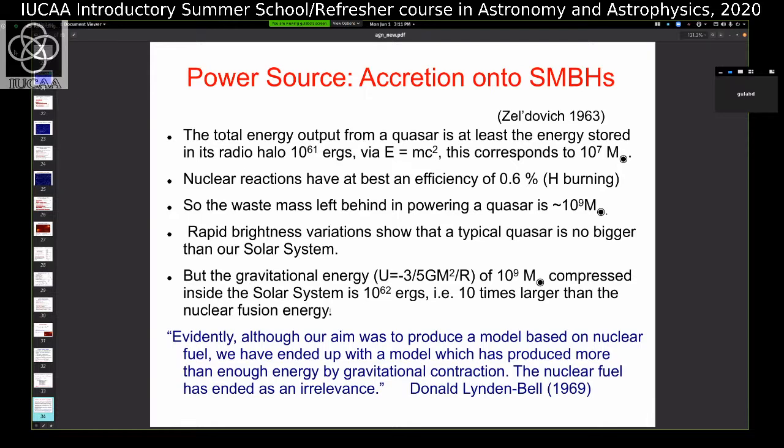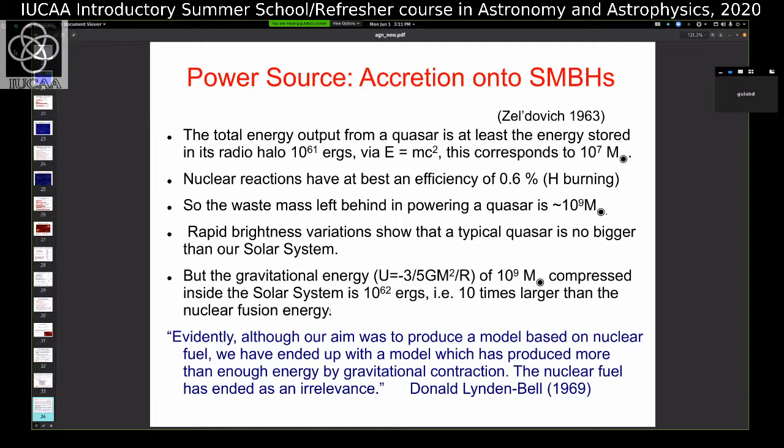Now, from the rapid time variability, we know that a typical AGN is no bigger than our solar system. That means the entire 10 to the power 9 solar mass, a huge amount of material, must be confined into a tiny region of the order of the size of the solar system.